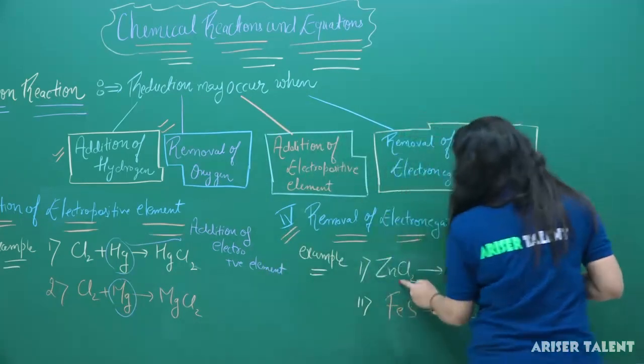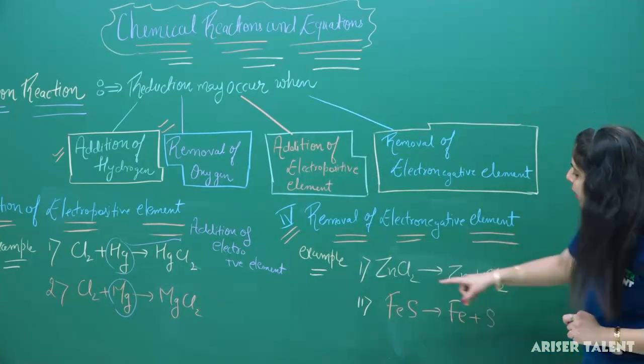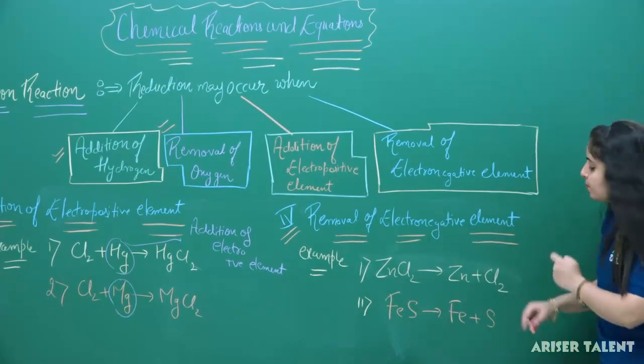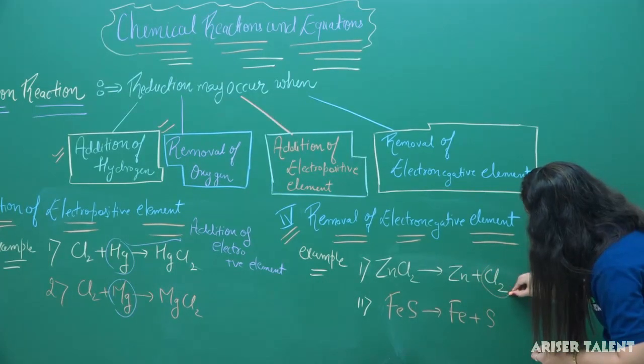So, zinc chloride is a particular compound here, and what we have seen here, if it is decomposed, the chlorine is liberated out. It means there is a removal of electronegative element.